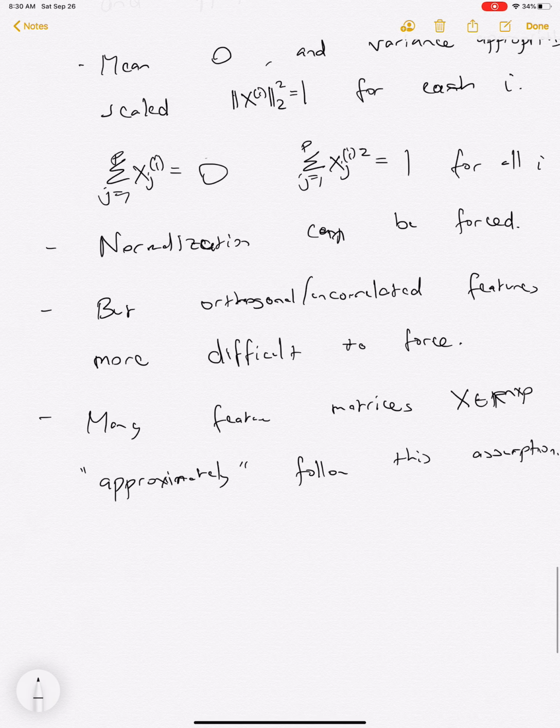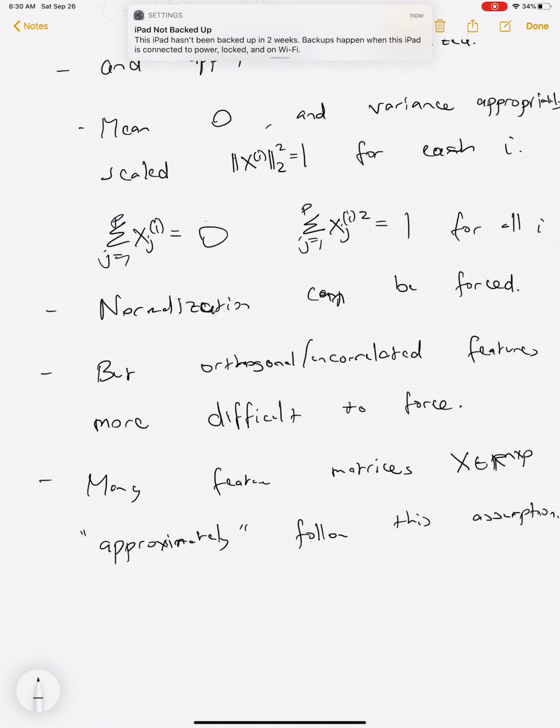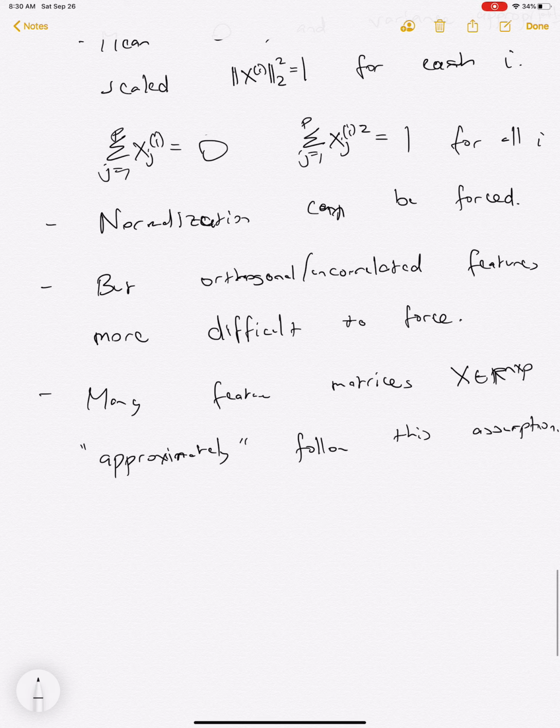There are results to show that if you generate your features randomly like that, it will follow that assumption. But as I mentioned, you can force this assumption to be approximately true by transforming your features a little bit. We'll see why this is a very useful assumption when we go through the analysis. So just to repeat after that rather long-winded discussion, we're assuming that X transpose X over N equals the identity, and that's the P by P identity.